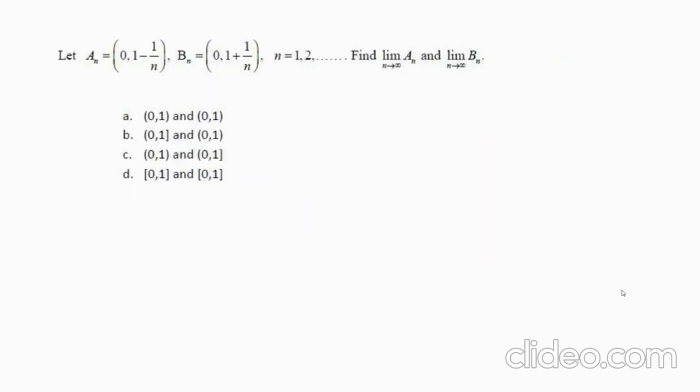So we have this question. We are given that A_n is (0, 1 minus 1 upon n), and B_n is (0, 1 plus 1 upon n), and we want to find the limit as n tends to infinity of A_n and the limit as n tends to infinity of B_n.